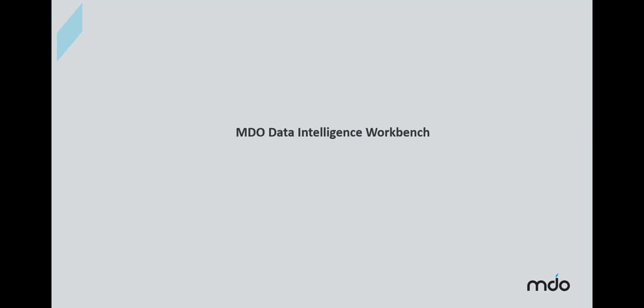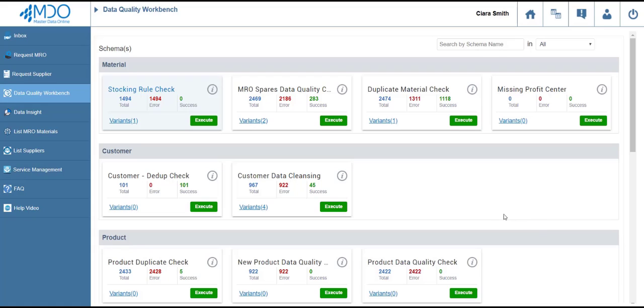Now that we have seen how MDO can help in the creation of new spare parts, let us take a look at how MDO can help users in managing their legacy spare parts data. MDO Data Intelligence Workbench allows users to define and run data quality rules on legacy data.